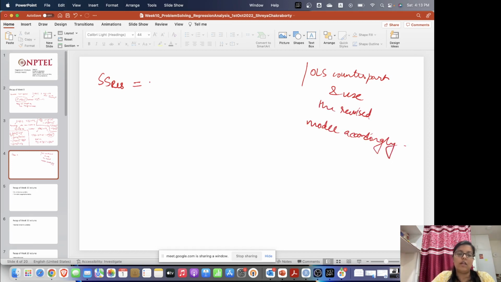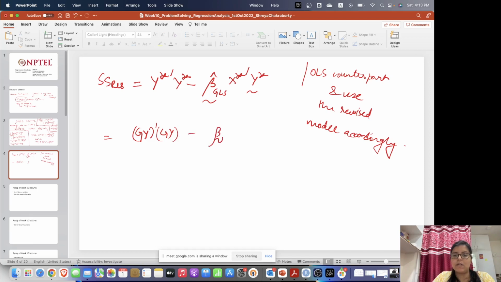So here, if you remember, we had y prime y minus beta hat x prime y. So we'll plain and simple substitute this one, and y prime is nothing but gy transpose gy minus beta hat GLS gx transpose gy.